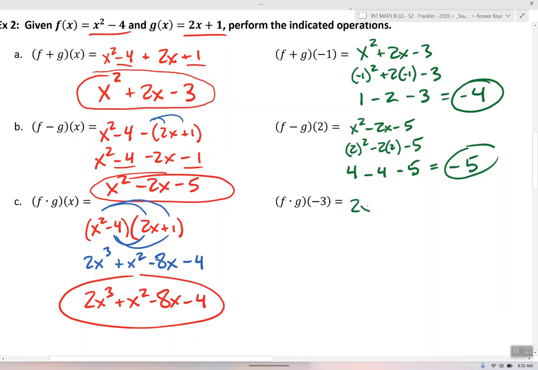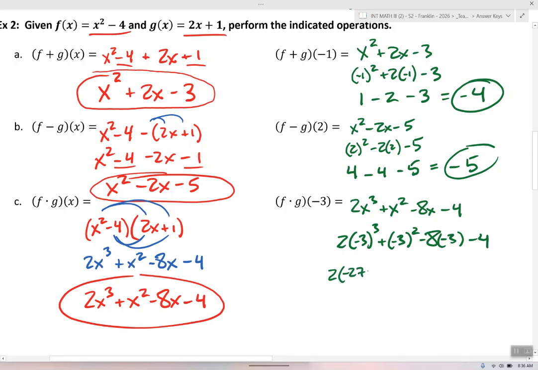And lastly, the times function. We had 2x cubed plus x squared minus 8x minus 4. So we'll put in a negative 3 here. Okay, so negative 3 cubed is negative 27. Negative 3 squared is positive 9.